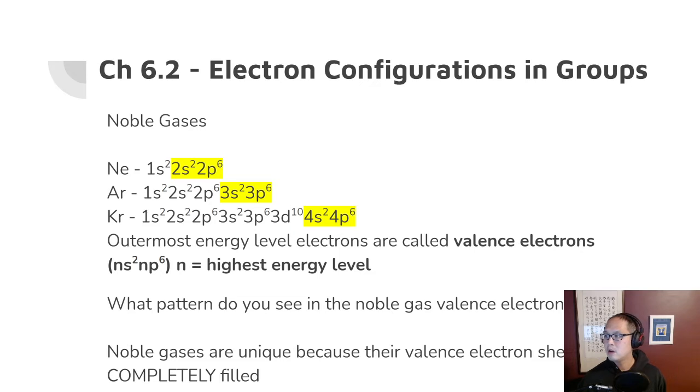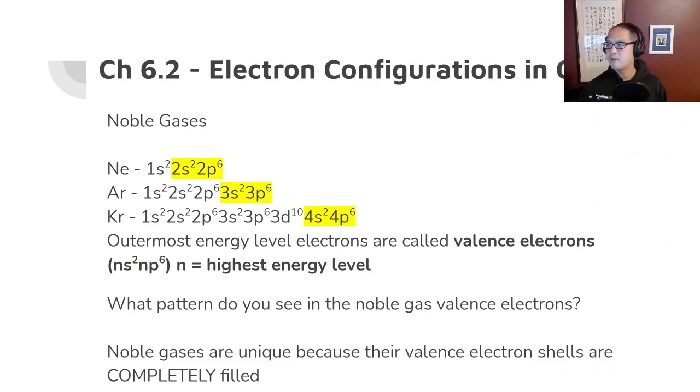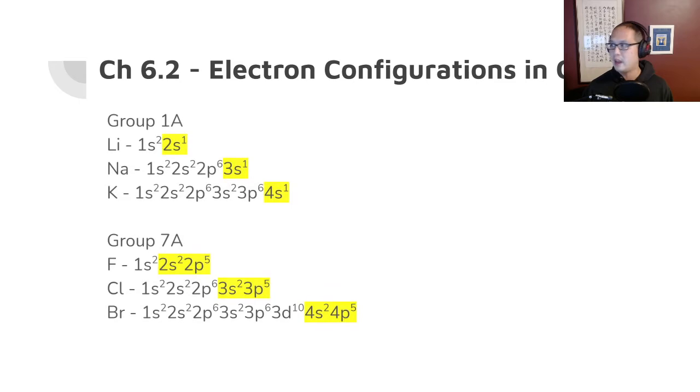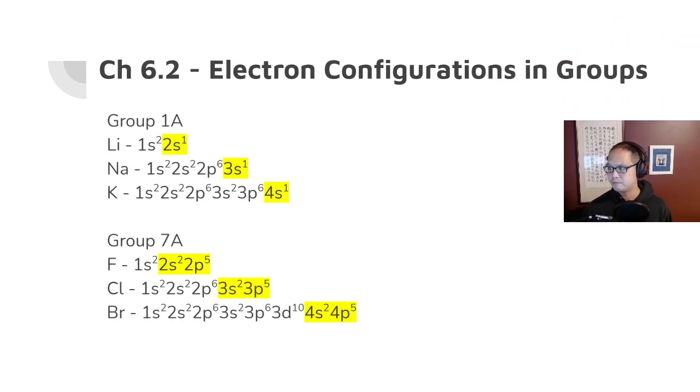What I mean by that is their s orbitals are filled because s can hold 2 and they have 2 in there. And then their p orbitals, same thing. P can hold up to 6. Well, in the noble gases, it's completely filled. s2, p6.